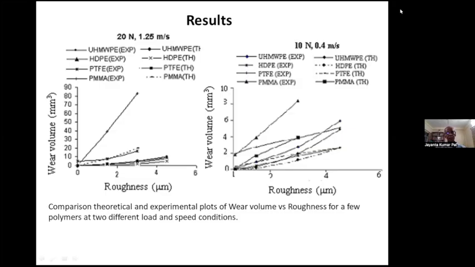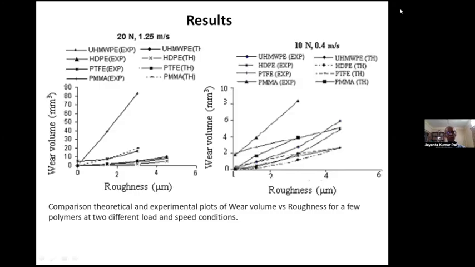Now, these may be attributed to experimental conditions. The atmospheric conditions make much difference in real wear, and this obviously could not be taken into account in the theoretical formulations.